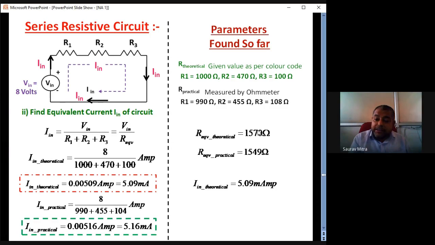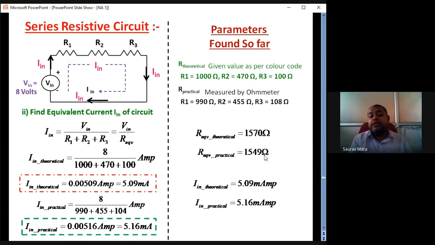And with 1570, the input voltage is 8 volt. There is no problem with that, because this 8 volt you are setting from the DC power supply. So 8 divided by 1570, you find 5.09 milliampere. That is the equivalent circuit current, or IN.